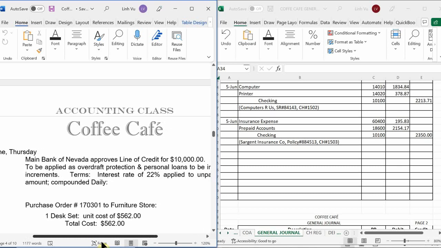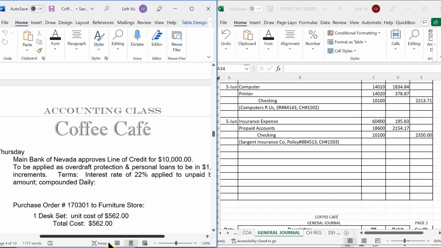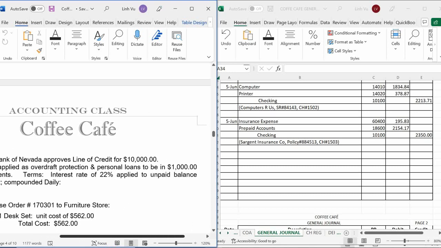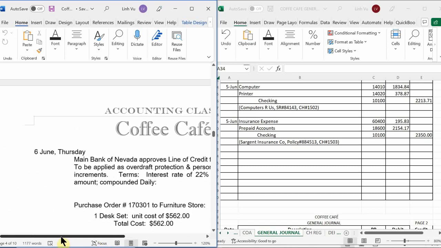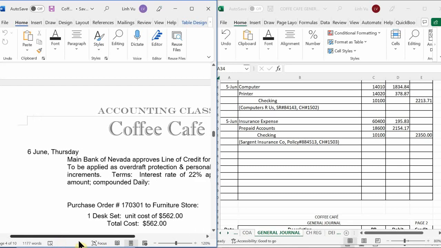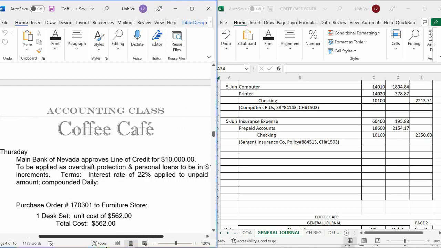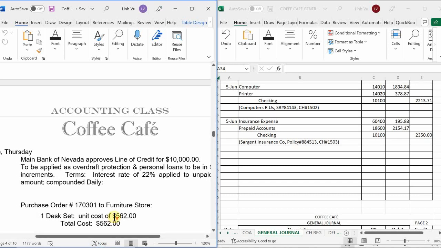Terms are that the interest rate of borrowing this money is going to be a 22% APR to be applied on unpaid balances, okay? And the amount is compounded daily. So in this case, we're looking at this information right here. Now, is this something that we need to record in our books?